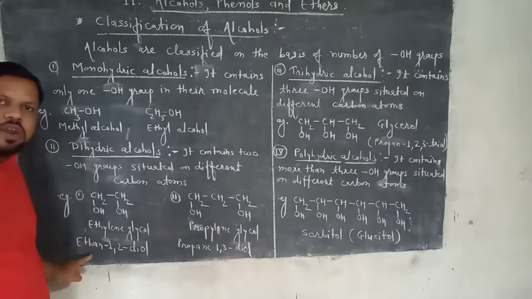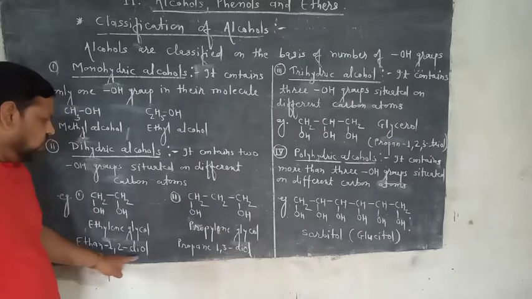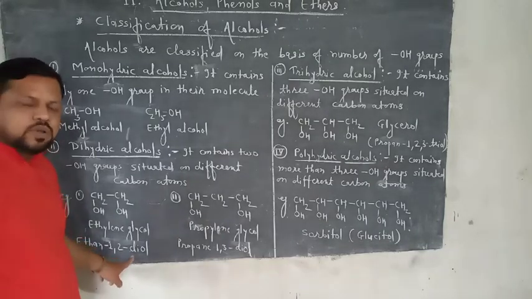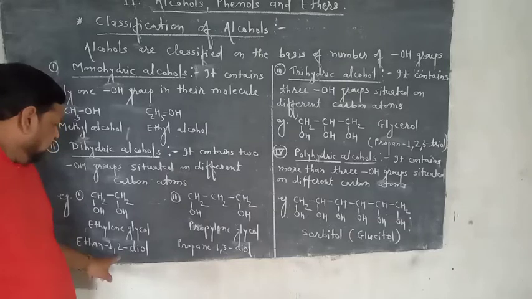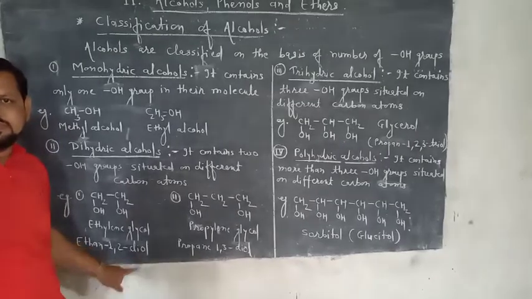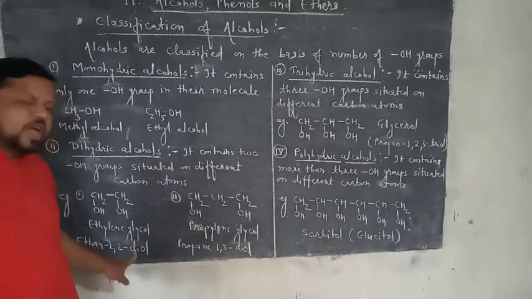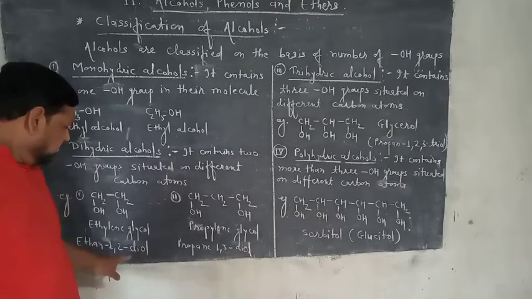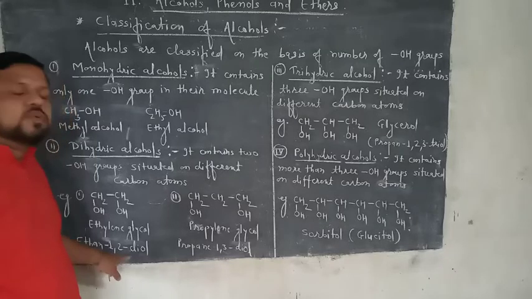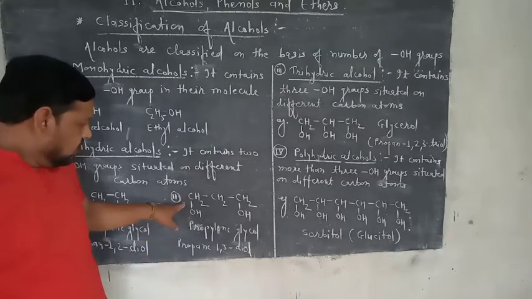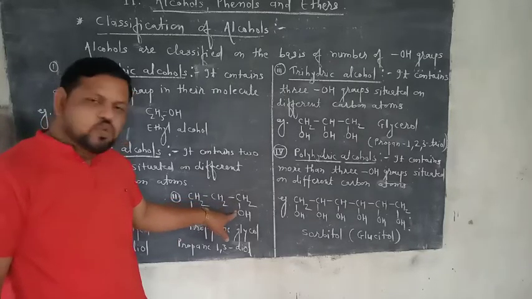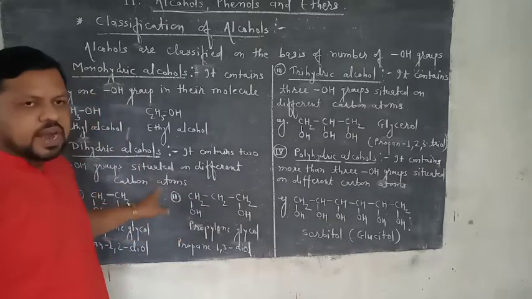This ethylene glycol is also called ethane 1,2-diol. When we discuss the IUPAC names of alcohols, we will discuss this ethane 1,2-diol. Okay. The second example is propylene glycol. This is the second example of dihydric alcohols.